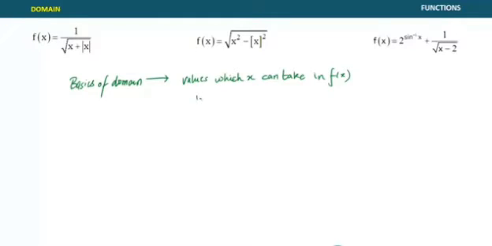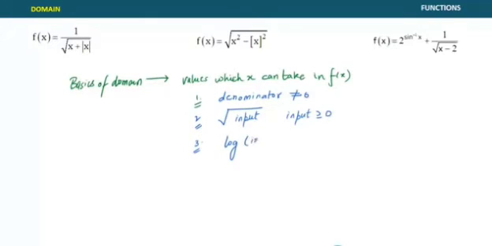So the short trick is that when the domain is asked, if there is a denominator, then the denominator should not be equal to 0. This is the first rule of mathematics. So you have to find those values of x where the denominator becomes 0. The second problem arises with a square root. If there is something under the root, then the input under the root should always be greater than or equal to 0. The third important step is the log.